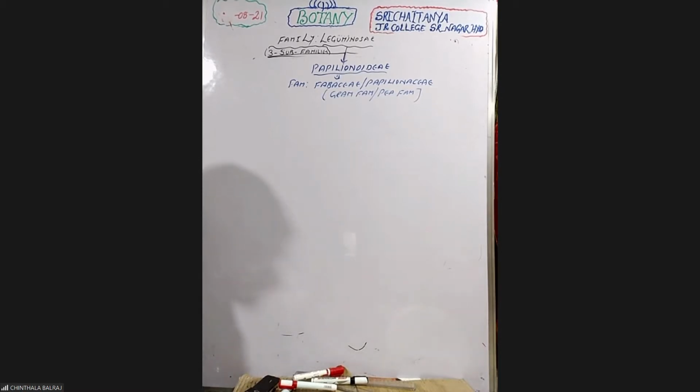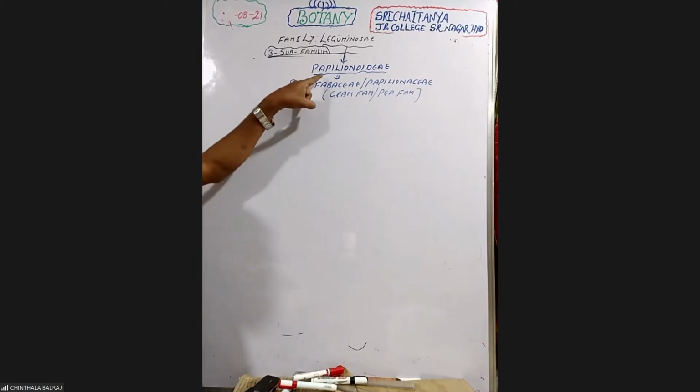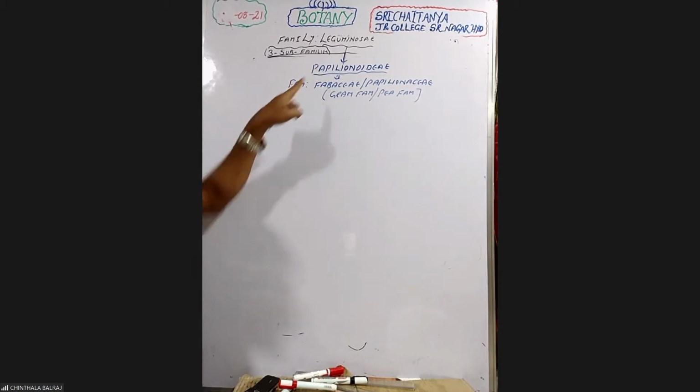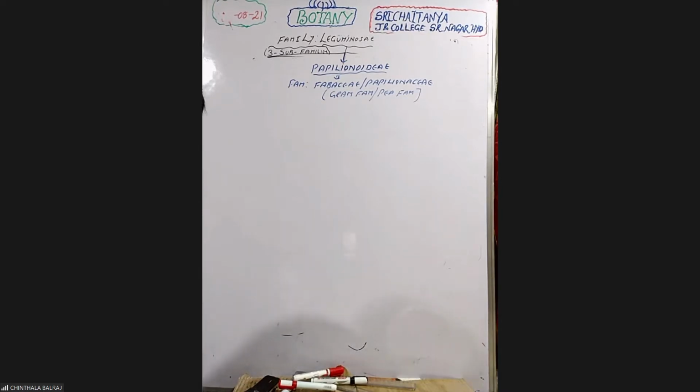How many subfamilies? 3 subfamilies. Out of those 3, one subfamily is known as Papilionaceae. Pronounce it: Papilionaceae. Like that, Caesalpinioideae, Mimosoideae. These are the 3 subfamilies.